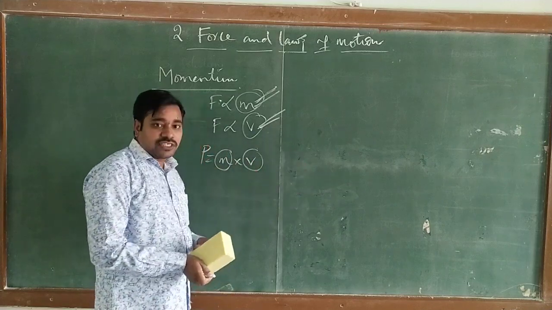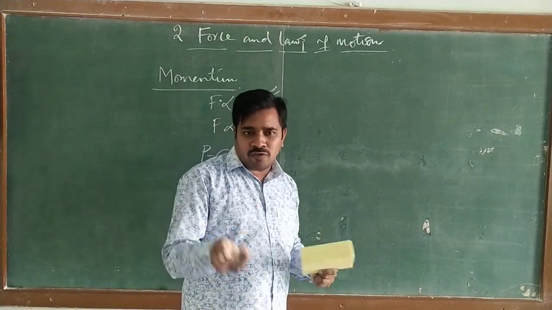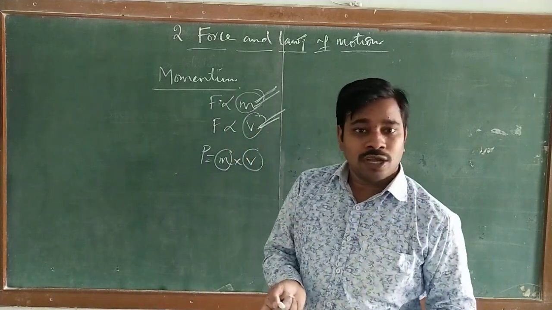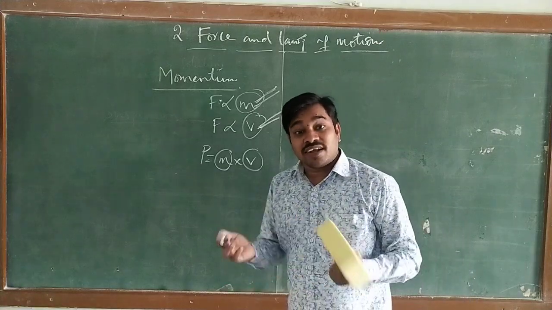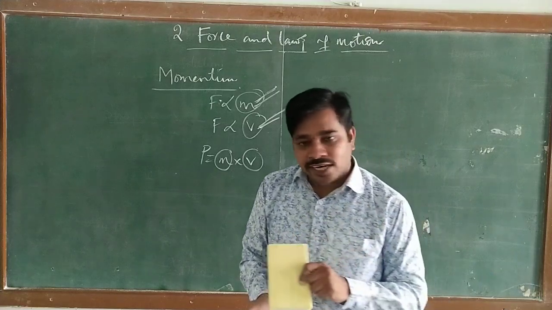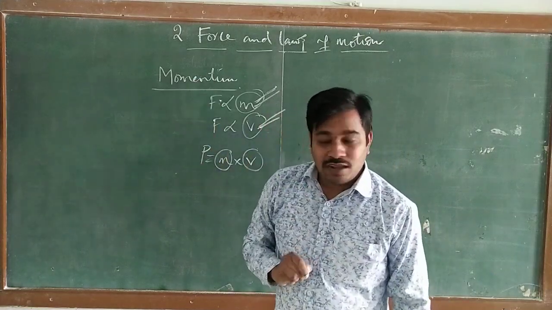And we have a unit. We have already discussed scalar and vector. We know that a scalar is a physical quantity which has only magnitude but no direction. A vector is a physical quantity which has both magnitude as well as direction. Now, is momentum a scalar or a vector?